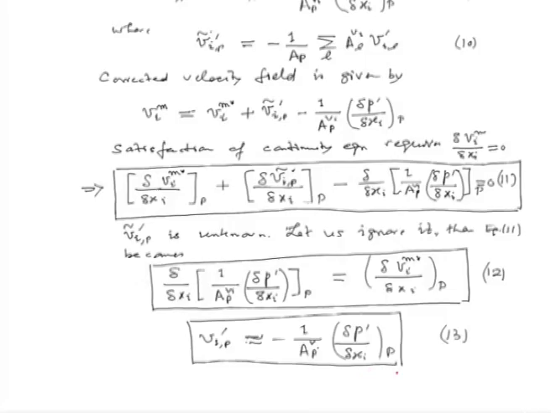Now here we have got one problem. Let us note down that the central approximation, or the main approximation, of the SIMPLE algorithm is that we have set this V_i prime tilde to 0.